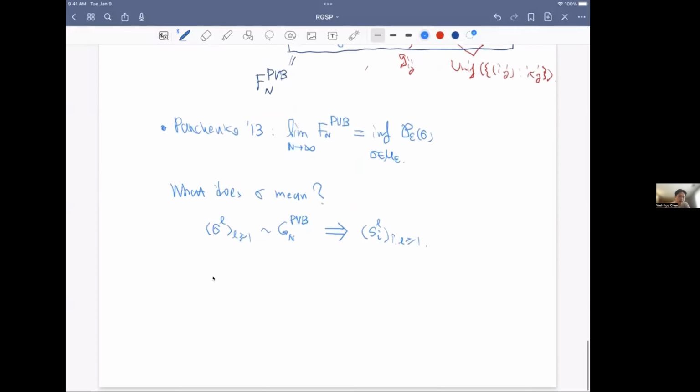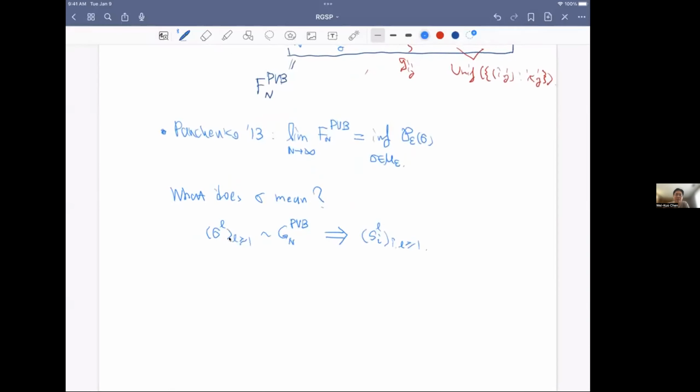The key observation is that because the model is mean field, it is symmetric: if you perturb the spin index i any way you like, and also perturb l any way you prefer, then the limiting object still shares the same symmetry.